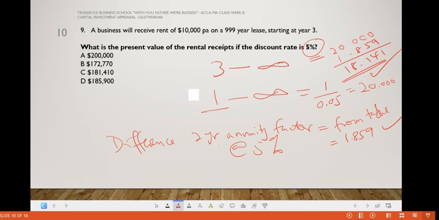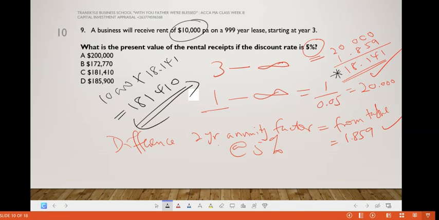So we then have to adjust with the inflows. You just have to multiply with the available rental income. So that's 10,000 multiplied by 18.141, and we get 181,410. So you can see that our answer is C.